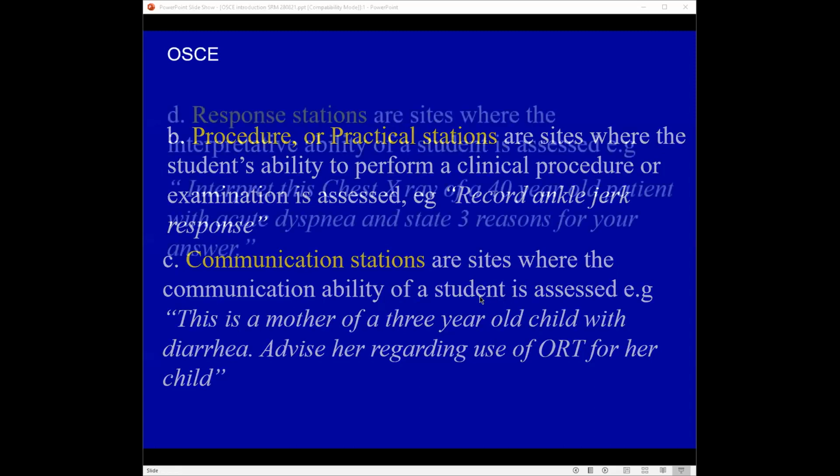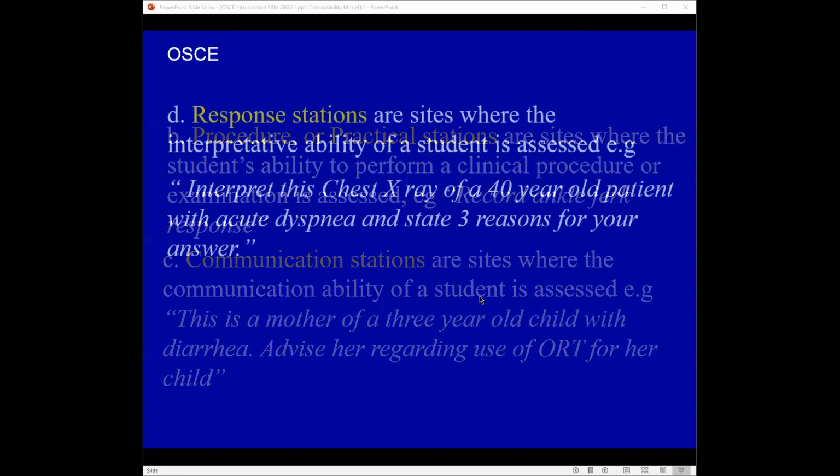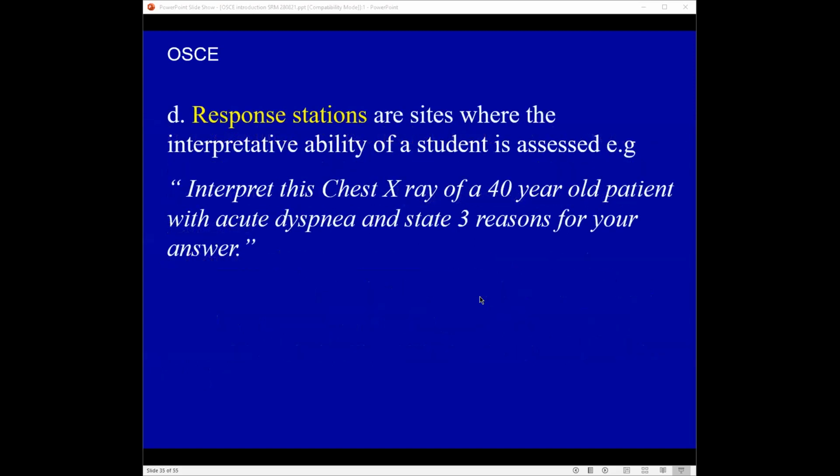And of course, there are response stations where we have a blood report or a chest x-ray. This is the chest x-ray of a 40-year-old patient with acute dyspnea. Interpret your findings and state 3 reasons for your answer. Right?